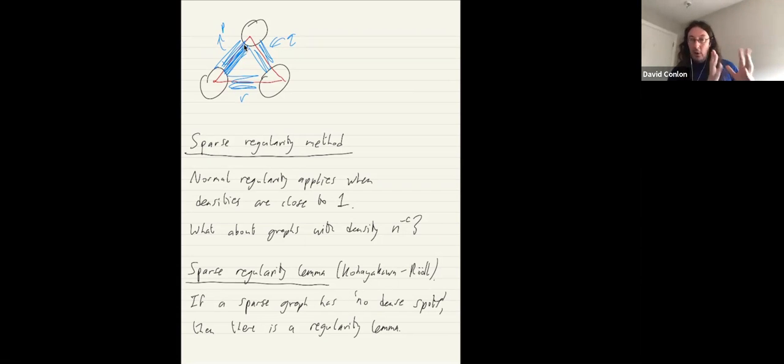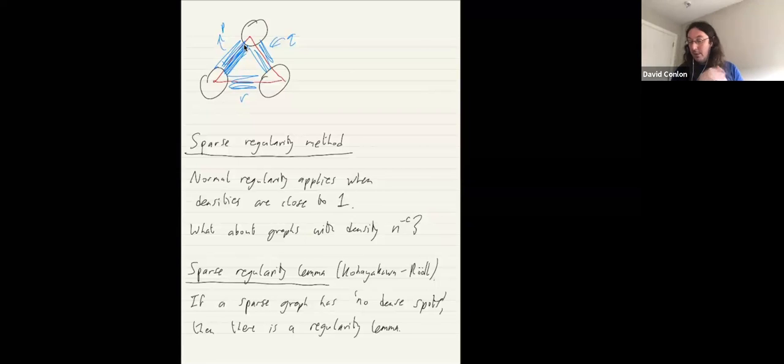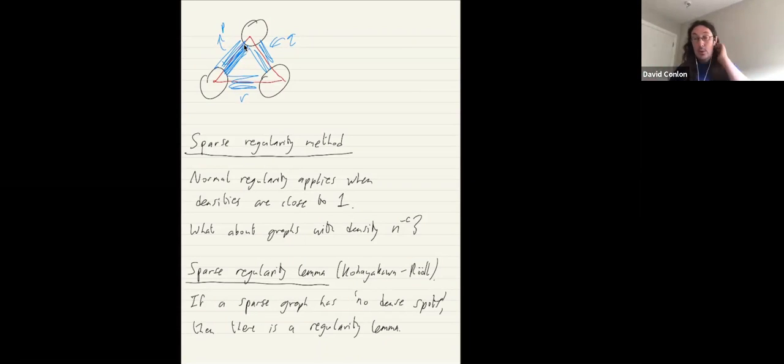So you could end up that all of the edges are in just some bad part. Whereas if you have this thing where there's no dense spots, then the edges are distributed quite well throughout the graph. And in that case, it doesn't need to be that strong a thing, but in that case where there's nothing that's too dense, you can actually get a regularity lemma. And there are various variations on this theme, but they all boil down to this, and they all essentially need this no dense spots condition.